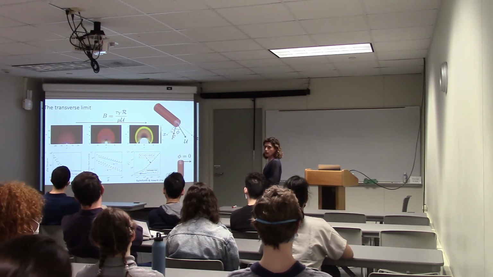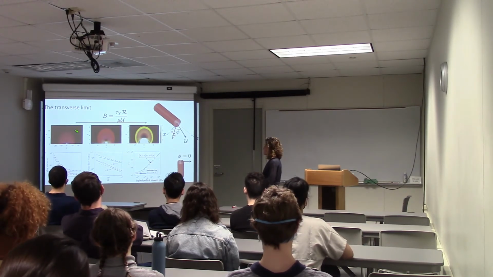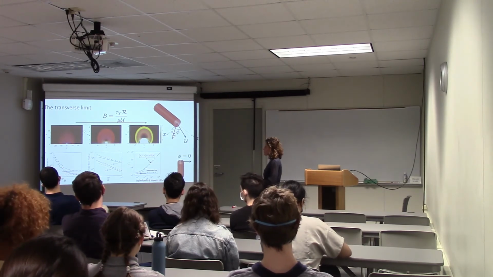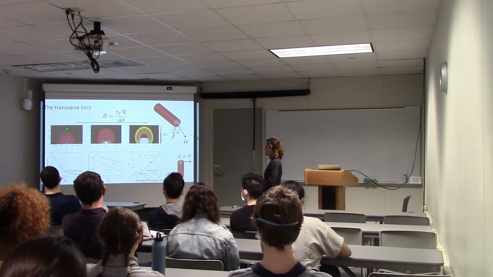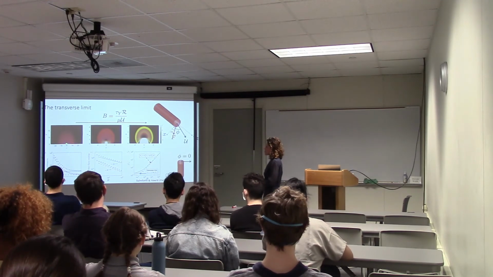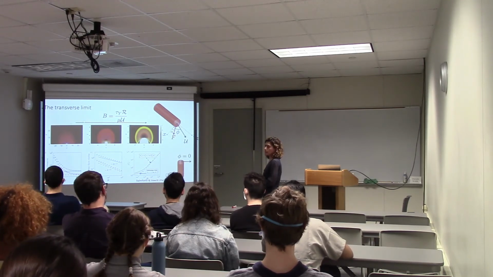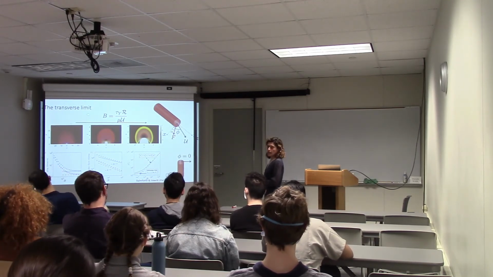There is no axial motion. When yield stress is small, you can see the deformation, the shear rate, the velocity gradient in this color map. And the stresses decay, and at some point far from the flagellum or the filament, they go below the yield stress, and everything plugs up.